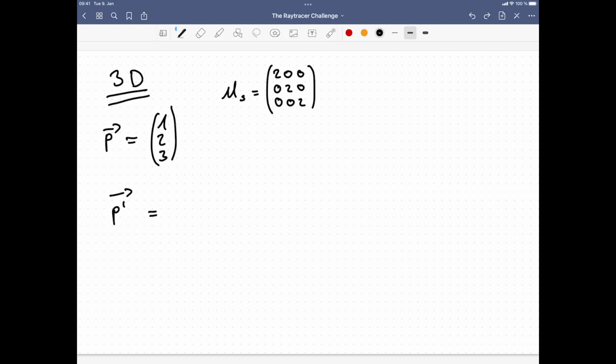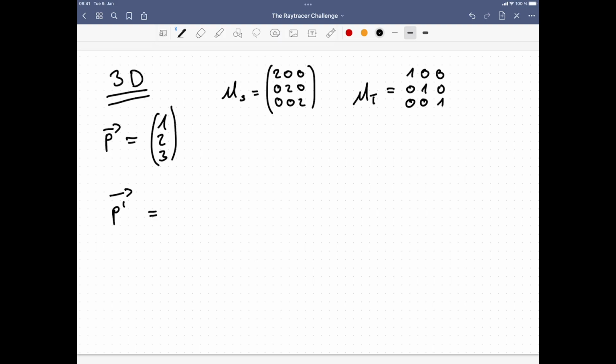Let's have something called the MT, our translation matrix. Our translation matrix now would be something like an identity matrix, which could be 1, 0, 0, and we have 0, 1, 0, and we have 0, 0, 1, which is an identity matrix which simply does nothing if multiplied with a point or a vector of 3 dimensions.